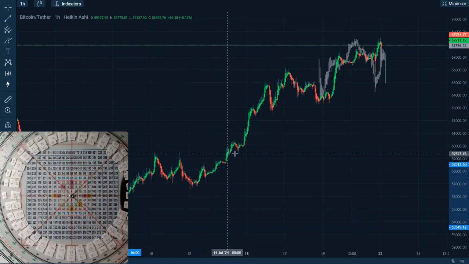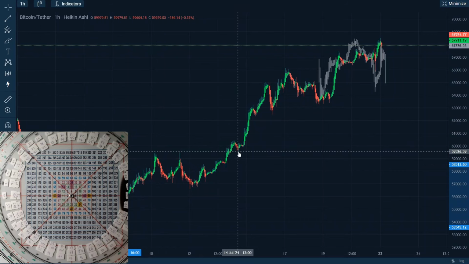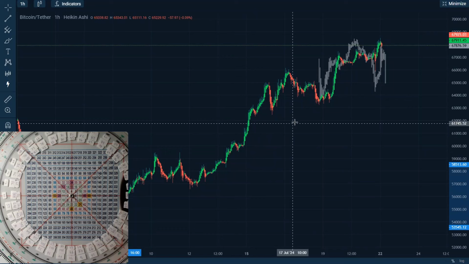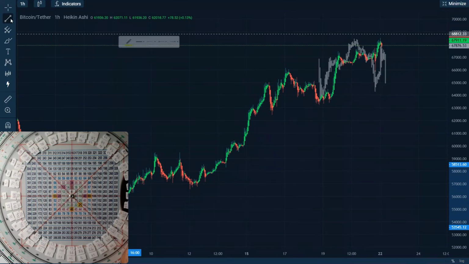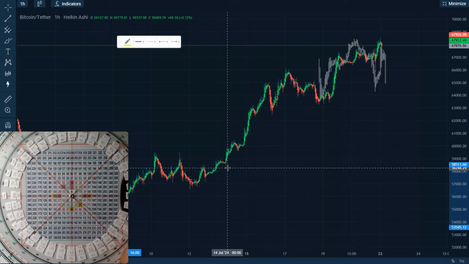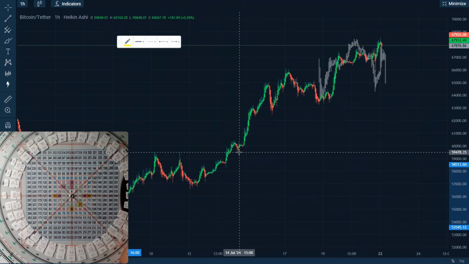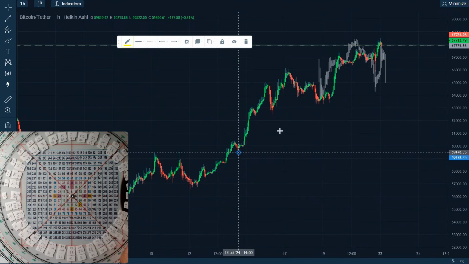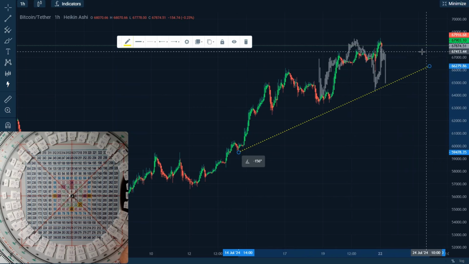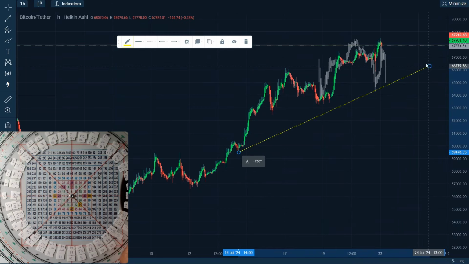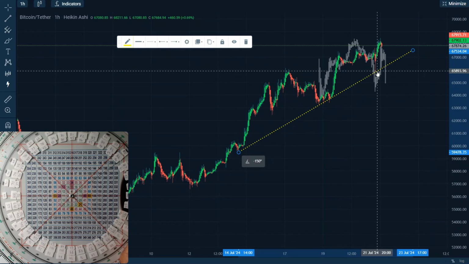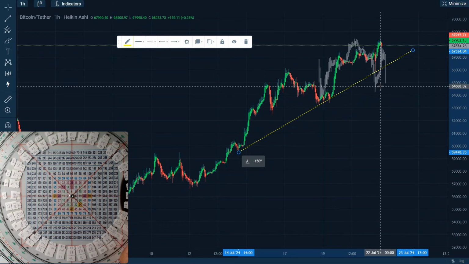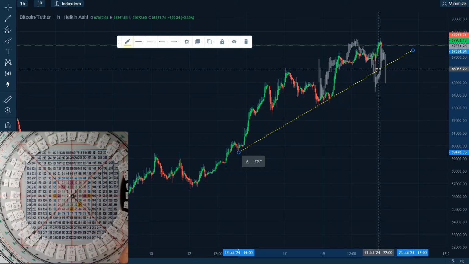And when we run a trend line, which we're going to do as well right now, we just have to be very vigilant when we do this. So we're going to run this angle. Just because we break this angle, it will signal something is up.